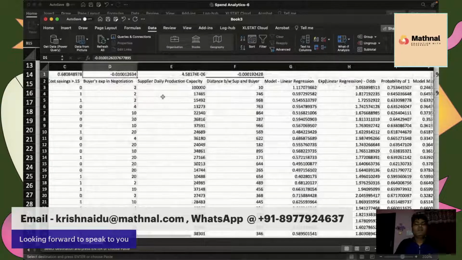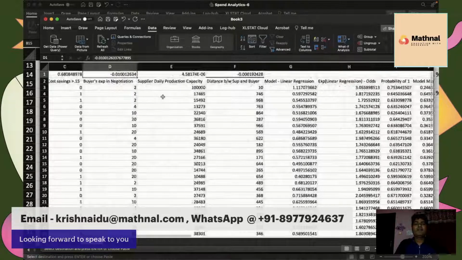And in the second step we built this data, and in the third step we tried to understand what the model and the distribution are, right? We understood the formula of probability, the formula of odds, and the formula of probability of one. So we have derived all these formulas, and then we saw that if we divide the probability of 1 and 0 and take the natural log of them, what the distribution is like.